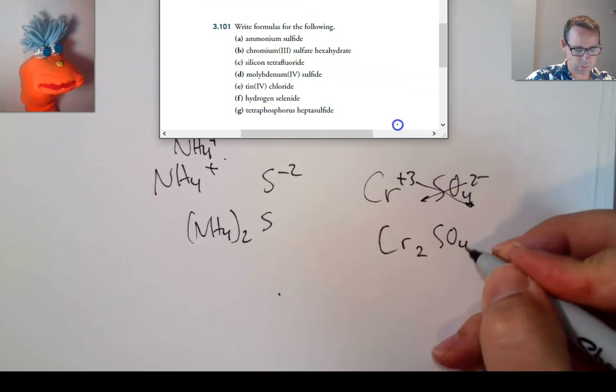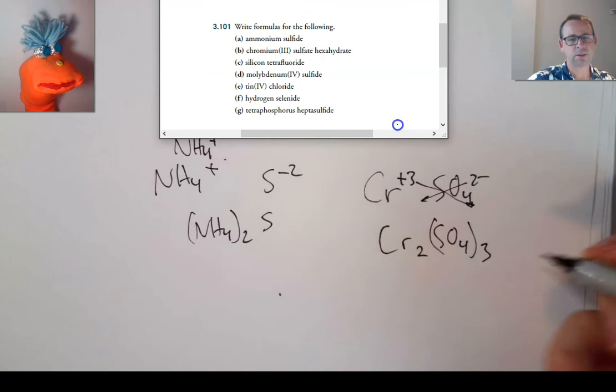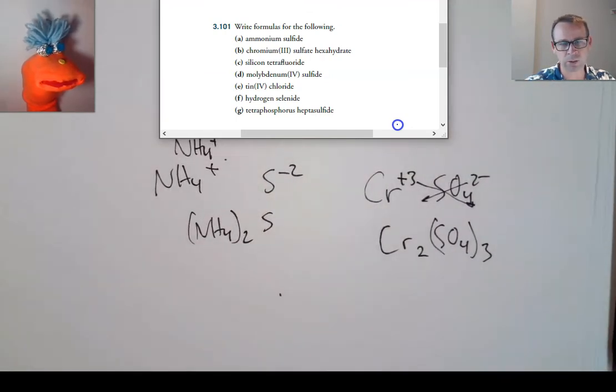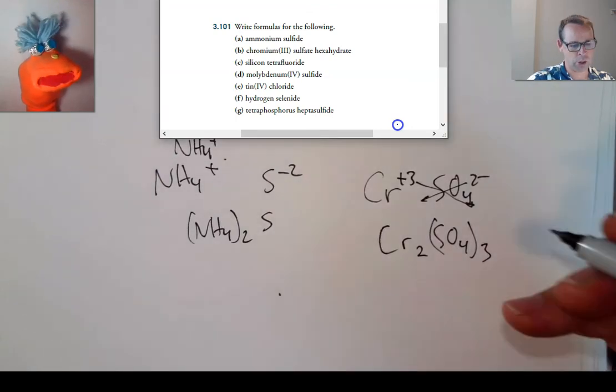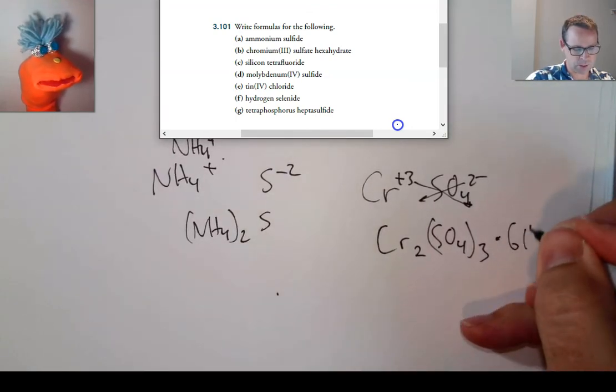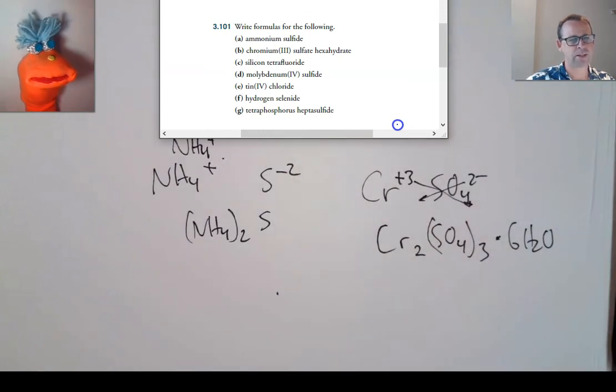It's not always going to indicate the number of either the metal or the counterion. Okay? Is that it? Well, not quite. What else do we have? The hexahydrate. That's 6 H2Os. Very good. Excellent.